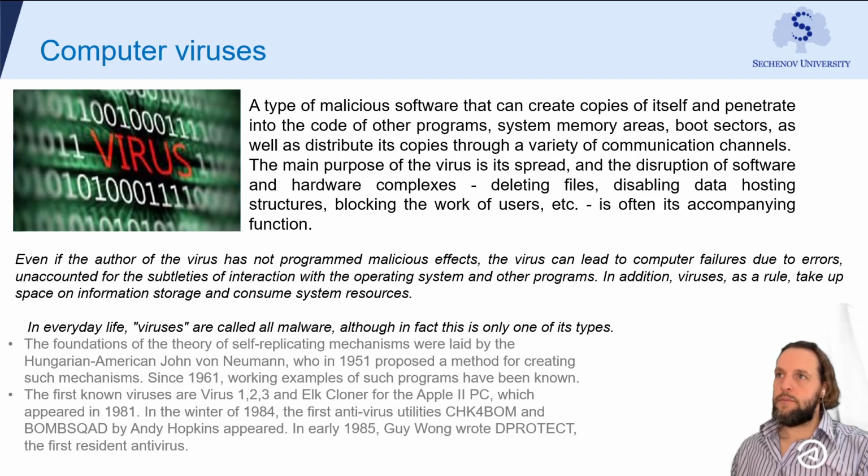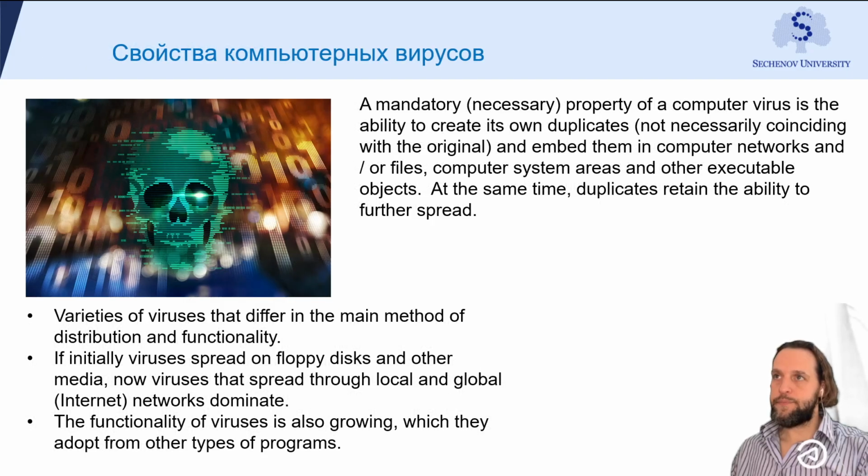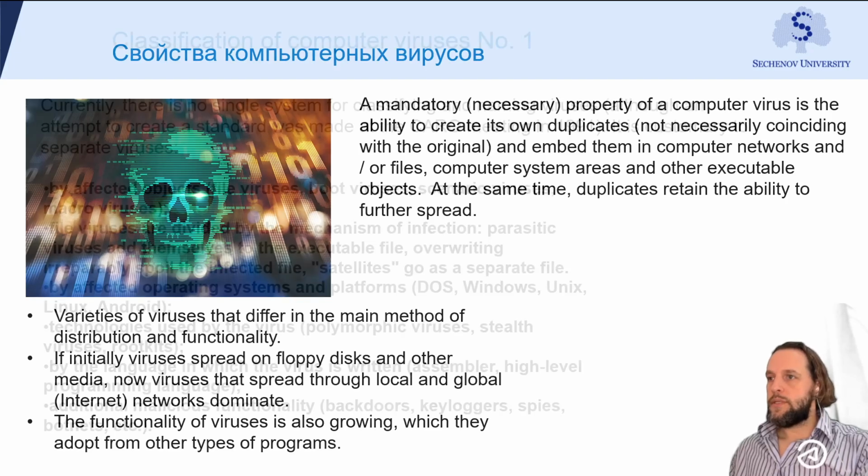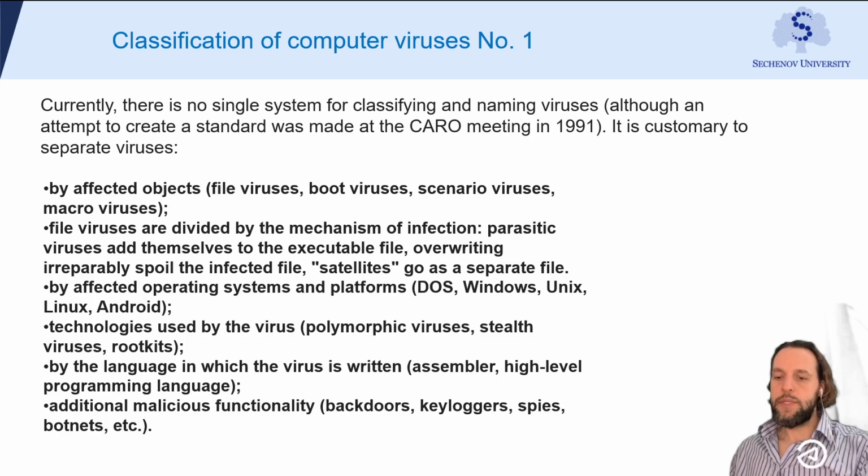It could have a malicious action or not, and in some cases these viruses could, for some period of time, just replicate on multiple systems, and on a certain date they will act by deleting some files or performing other malicious actions, or providing access to a computer, something like that. Types of actions for viruses are very different, and the most common among them is duplication from one system to another.